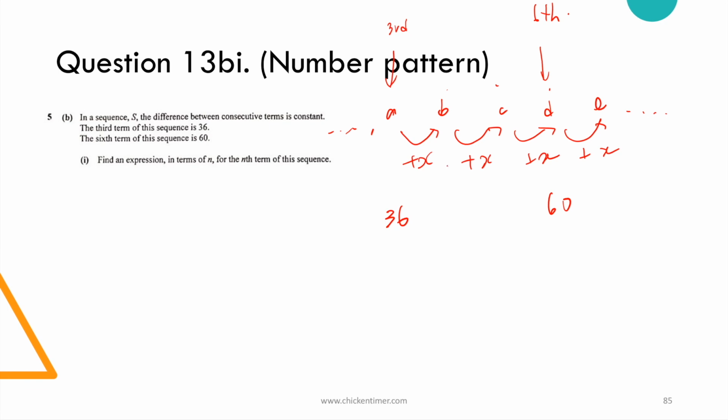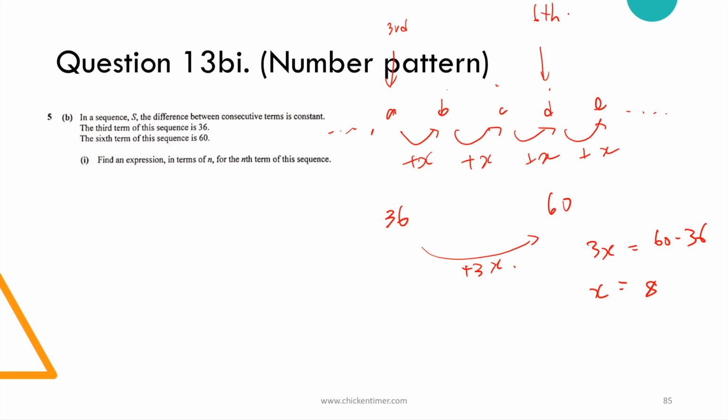So from the third term to the 6th term, you have actually plus 3x. So 3x is 60 minus 36, so x equals 8.